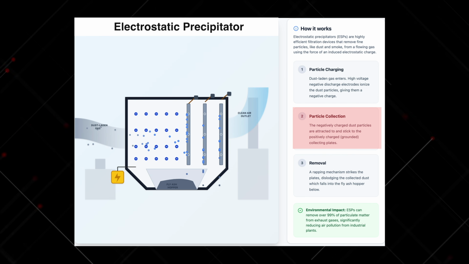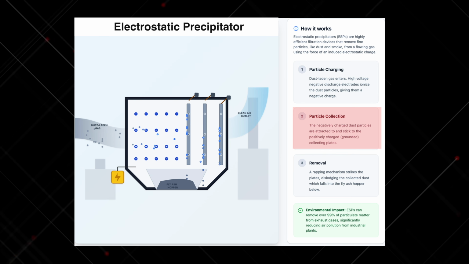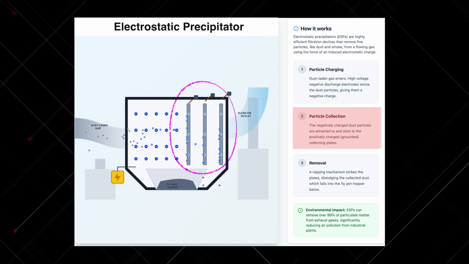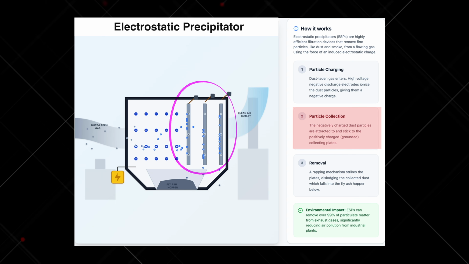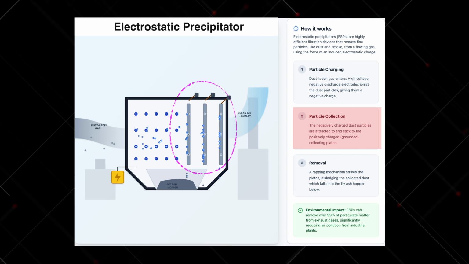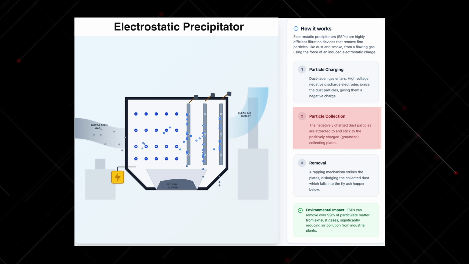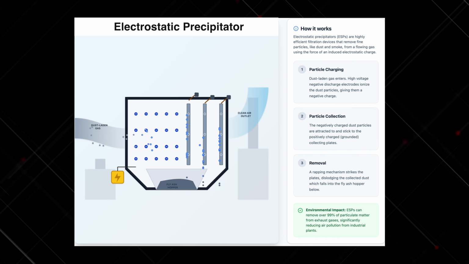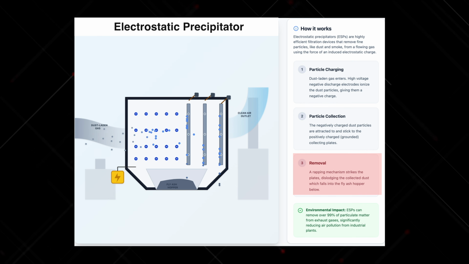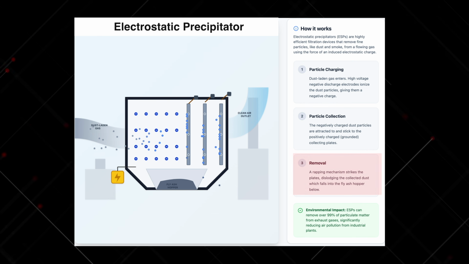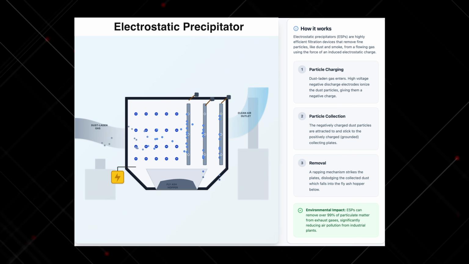And now, these negatively charged smoke particles are attracted towards the positively charged plates. So here, due to the Coulomb's force, these unlike charges are getting attracted to each other. So in this way, the dust and the smoke particles are getting removed and they are being prevented from coming out of the exhaust.